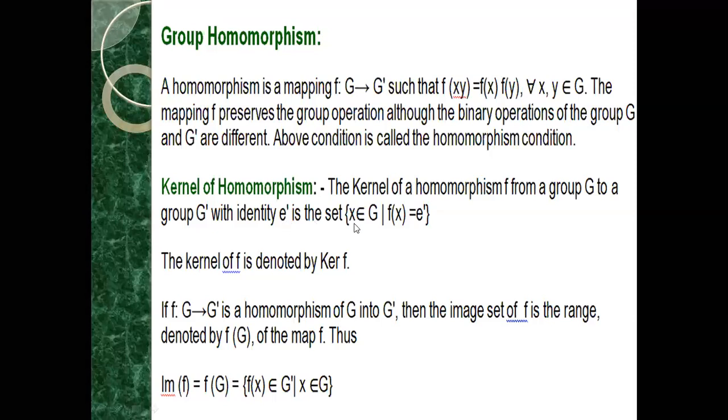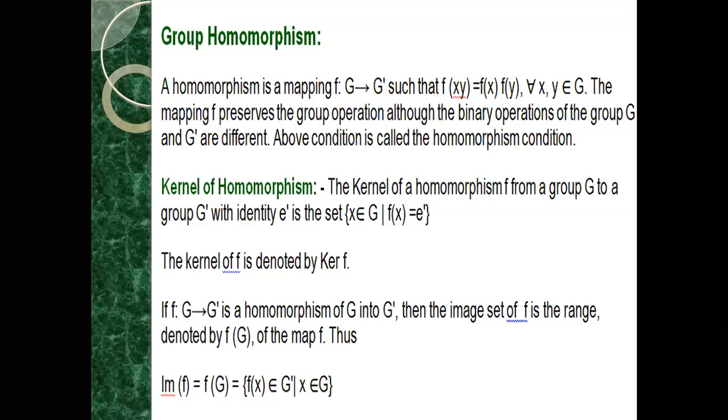So x is an element in the domain and its image f of x is equal to E dash. Every such element of G is mapped to E dash in the codomain, and that set is called the kernel of the homomorphism.